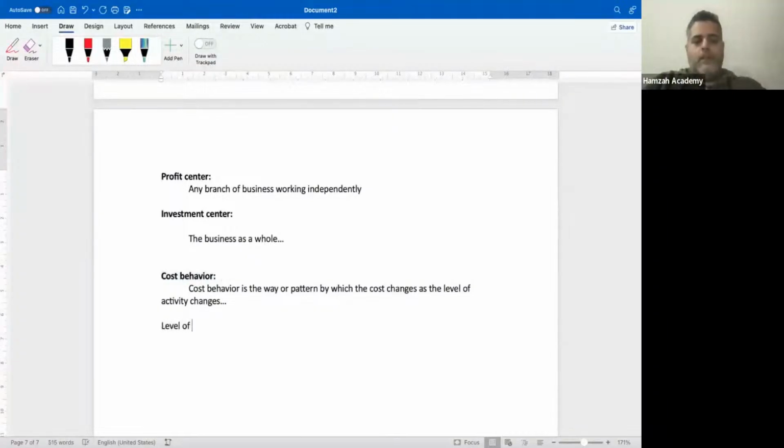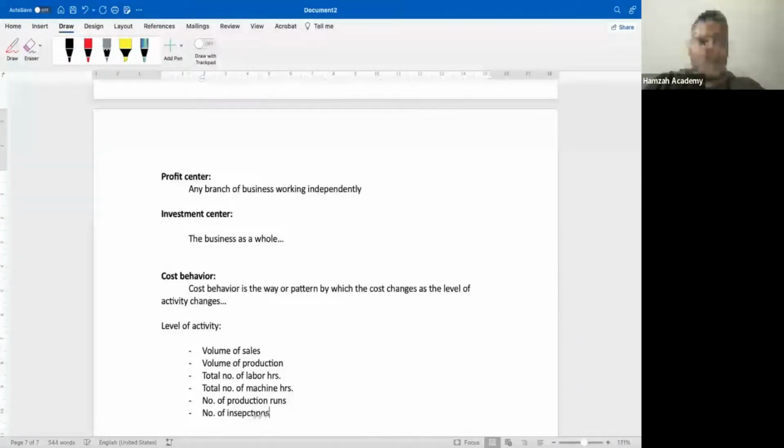Now, the level of activity can be volume of sales, volume of production, total number of labor hours, total number of machine hours, number of production runs, number of inspections, or whatever you want to add.